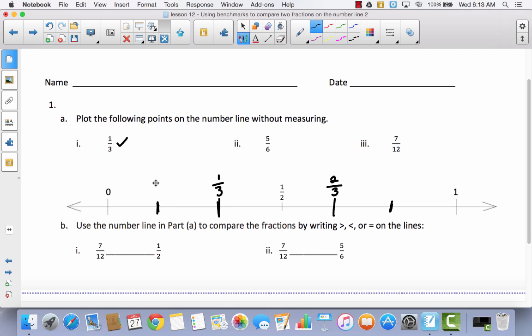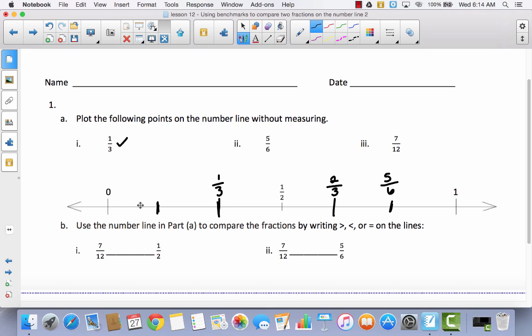So now I have 1/6, 2/6, 3/6, 4/6, 5/6. Okay? 1/6, 2/6, because that's equivalent to 1/3. 3/6, because that's equivalent to 1/2. 4/6, because that's equivalent to 2/3. And 5/6.